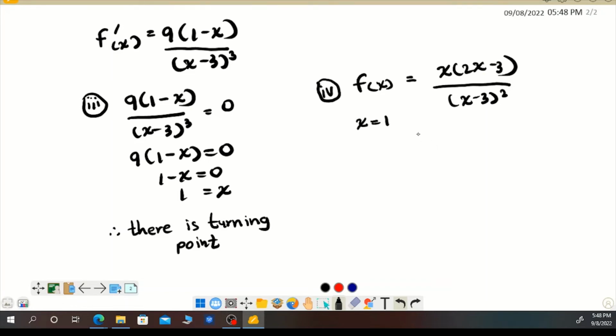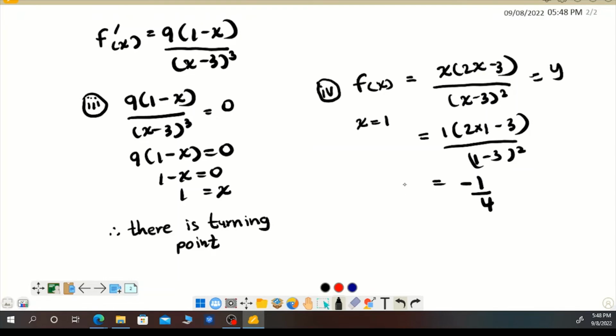At x equals 1, 1 into 2 into 1 minus 3, 1 minus 3 squared, which leads us to 2 minus 3, which means minus 1, and 1 minus 3 is minus 2, and minus 2 squared means 4.